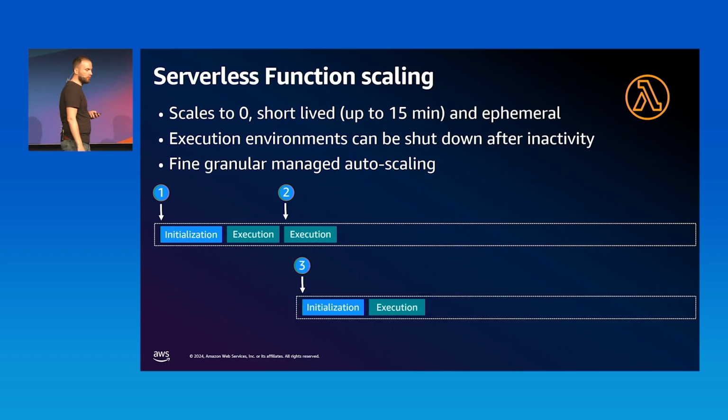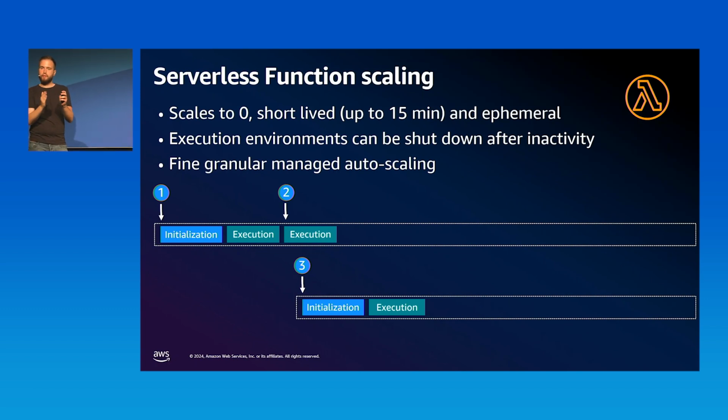Now, an important note is that every execution environment can only handle a single request at a time. So that means if I get the third request while the first execution environment is currently processing, Lambda needs to spin up a new execution environment, re-initialize that again, and then do the execution.